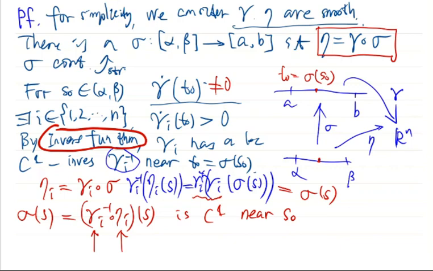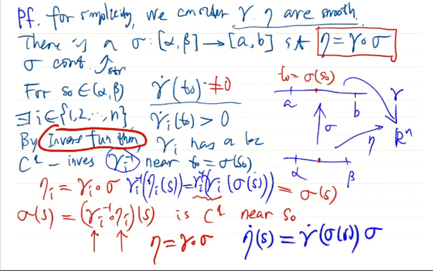Since sigma is smooth, we can apply the chain rule to the composition eta equals gamma composed with sigma. We deduce that the derivative of eta at s is gamma dot of sigma of s times sigma dot of s.